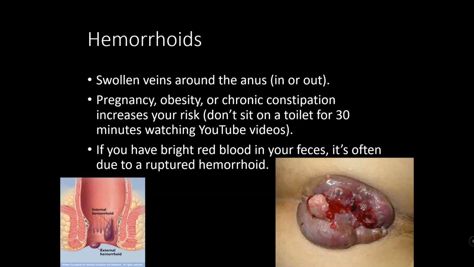So a person will be having to do what's known as a Valsalva maneuver a lot, and that increases abdominal pressure. So anything that increases abdominal pressure, difficulty pooping, pregnancy, or obesity, that's going to cause increased pressure around the anus, which causes the blood vessels to expand and become inflamed. It can eventually rupture the blood vessels.